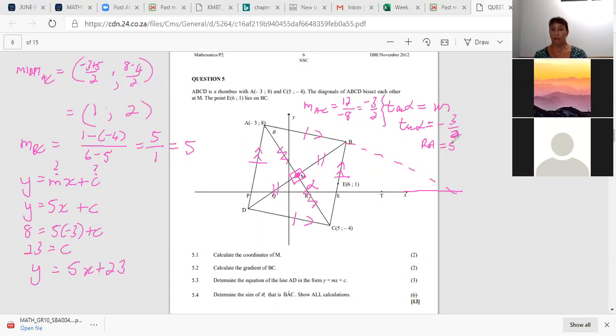56.31. You all agree? Just check. Right, so do you see that this angle that we're trying to find is obtuse? So in other words, 56.3 is that angle. So to find that one, it is 180 minus that.